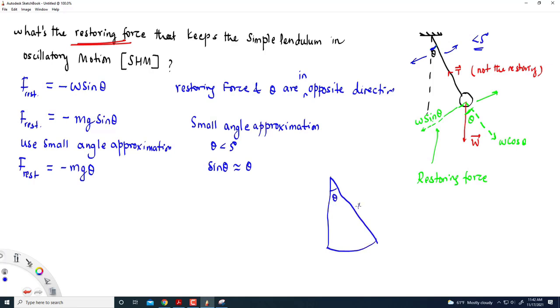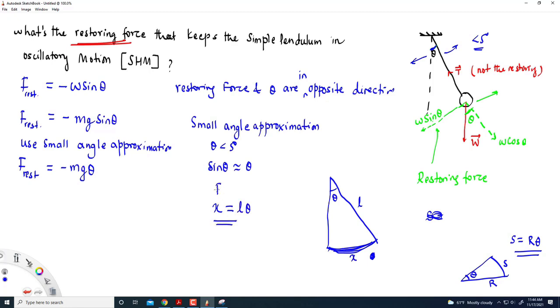This is theta. That's the length of the pendulum, L. And this arc length, we can write as x. So what's the relationship between this x, L, and theta? In trigonometry, you have this arc length s and this radius r, so s is equal to r theta. In this context, we can write x equals L theta.